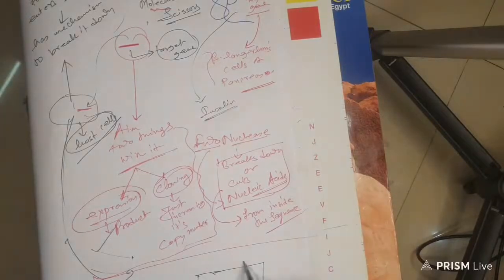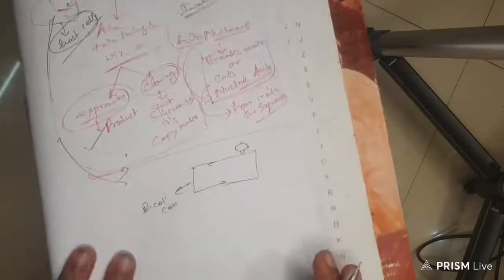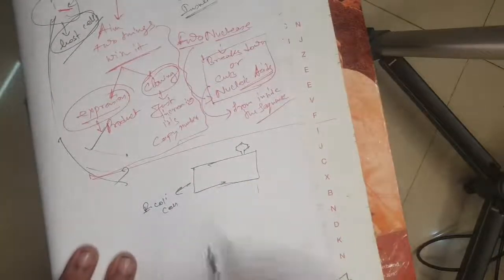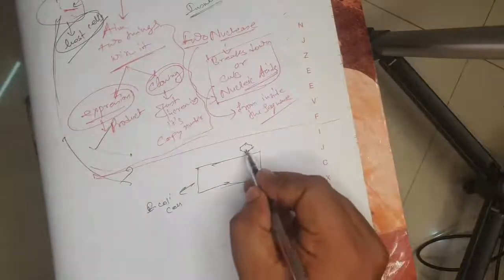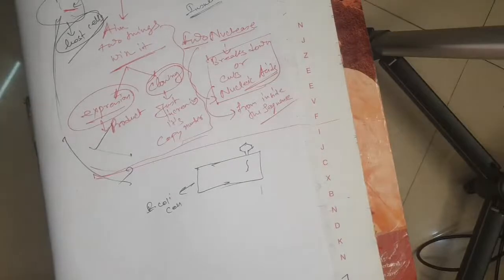If simply a virus comes and attacks, what is the mechanism of infection of a virus? Suppose this is the cell. The virus introduces its DNA inside.